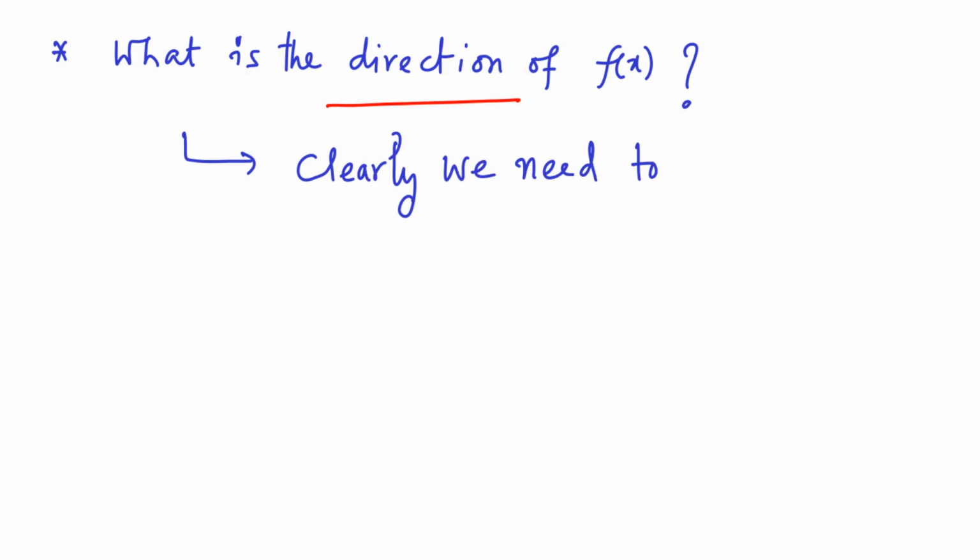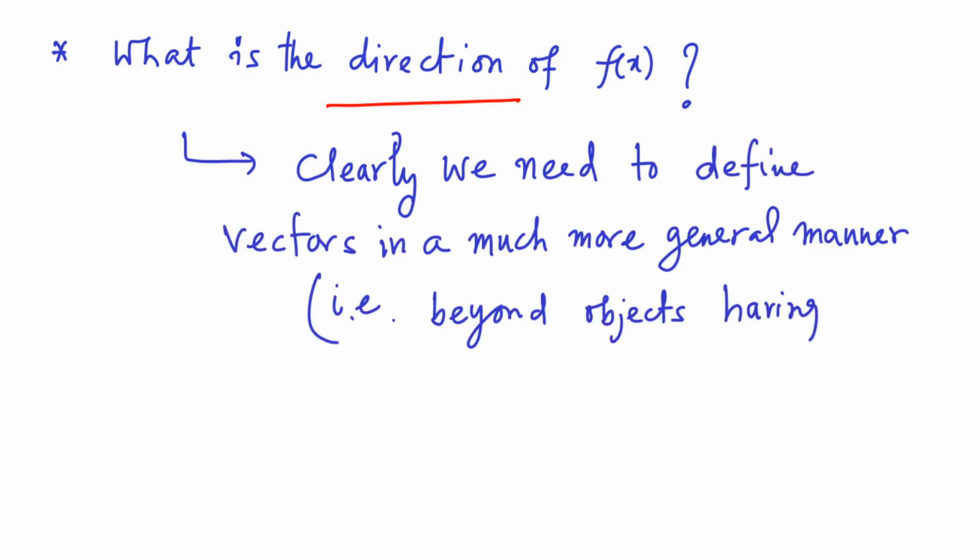Clearly, we need to define vectors in a manner which goes beyond the objects having only the magnitude and the direction. Now I am going to introduce the concept of linear vector space.